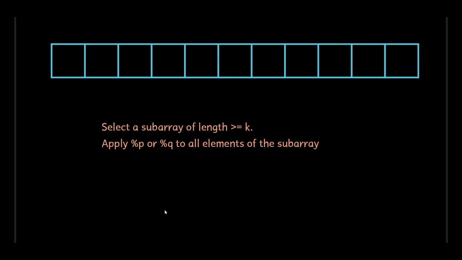So this time you are not allowed to minimize each element by yourself. The subarray that you select, all the elements of the subarray have to behave the same way. Suppose you have selected this subarray from here to here, then either you do all the elements modulo p or all the elements modulo q.